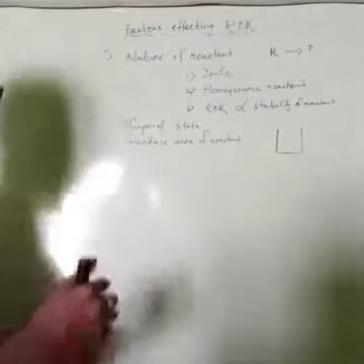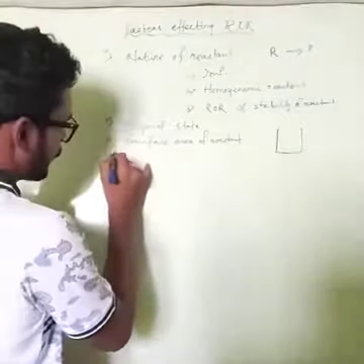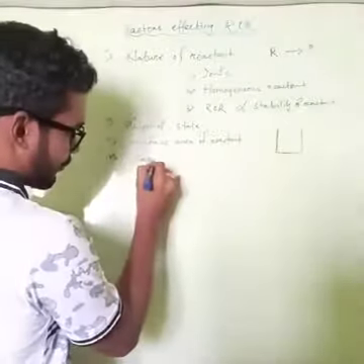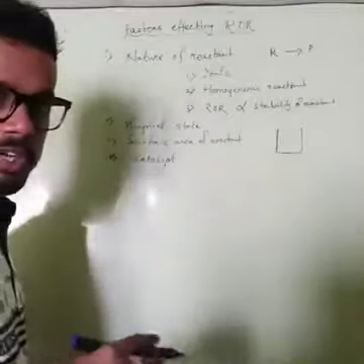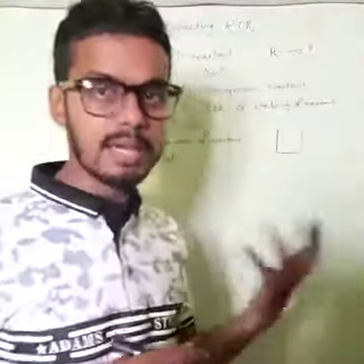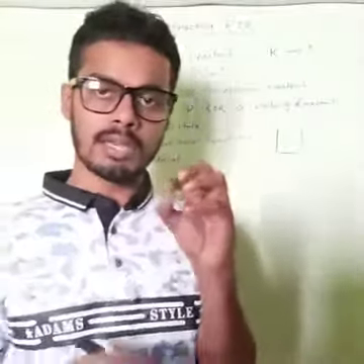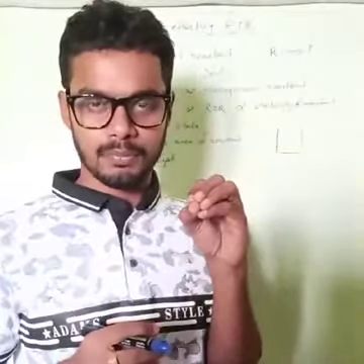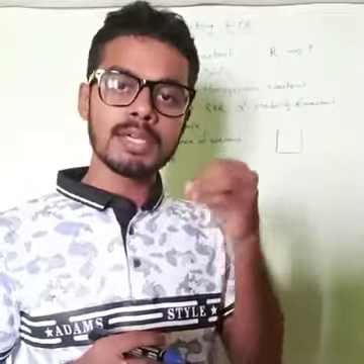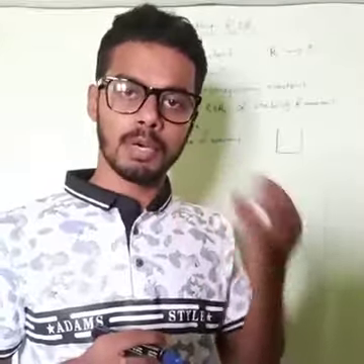Next, the fourth one is the catalyst. It depends on what type of catalyst you have taken. A catalyst is a substance that enhances the reactant to give the product. Basically it provides the energy to initiate the reactants to give product.